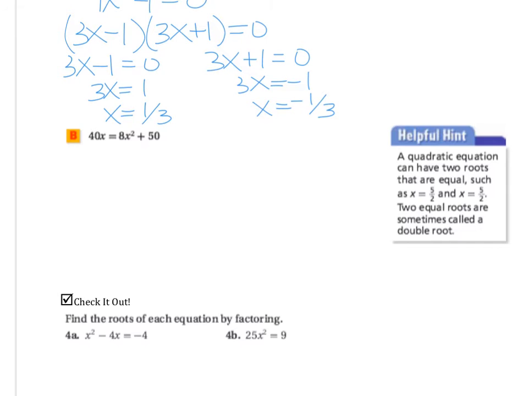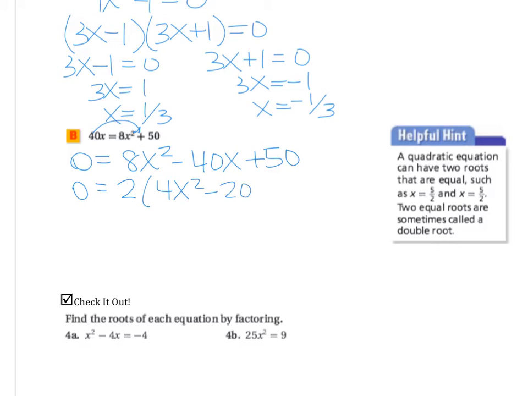So again, make sure it says equals 0 first. So I'm going to move the 40x over, and I'm going to put it in between the x squared term and the constant. I have a GCF I can factor out first. And this is one of those special cases. The 4 is a perfect square, the 25 is a perfect square.